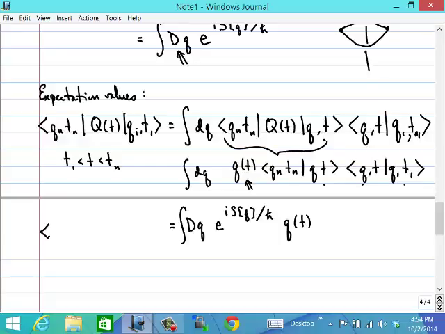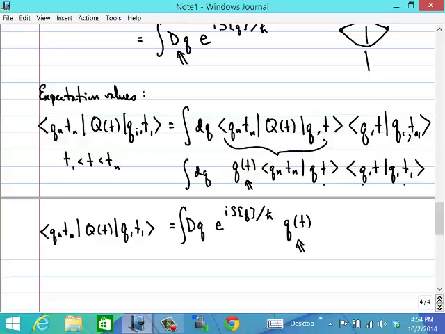So to summarize, and this is a very important point here, if you want to compute the matrix element of an observable using the path integral approach, you just take the function q(t) and you insert it in the path integral. Okay. Now, there's a couple of important points that we should make here.